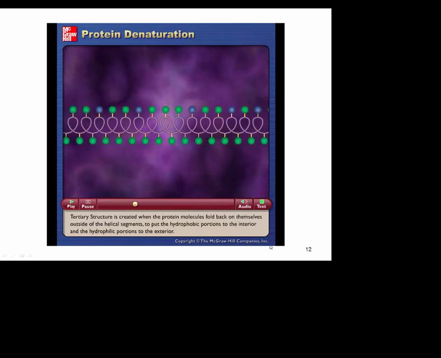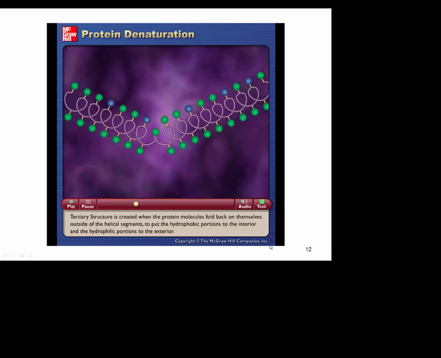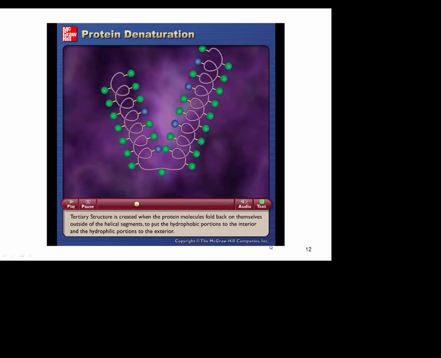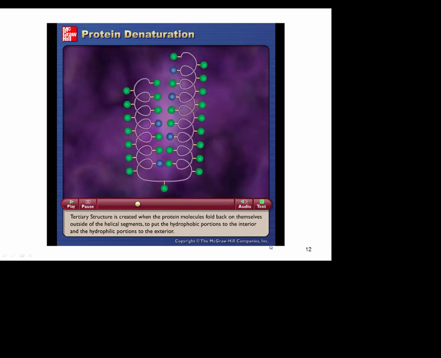Tertiary structure is created when the protein molecules fold back on themselves outside of the helical segments to put the hydrophobic portions to the interior and the hydrophilic portions to the exterior. Several helical regions can exist in different portions of the molecule.